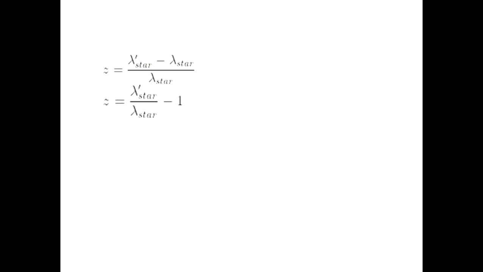So we can simplify that equation: z equals lambda observed divided by lambda emitted minus 1. We move the 1 to the other side and we get that lambda observed divided by lambda emitted is equal to z plus 1, or that lambda observed is equal to z plus 1 multiplied by the lambda emitted by the star. And this is all because of the redshift, because it's moving away from us.